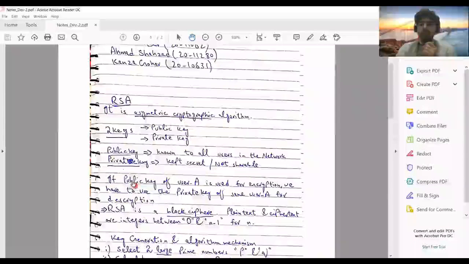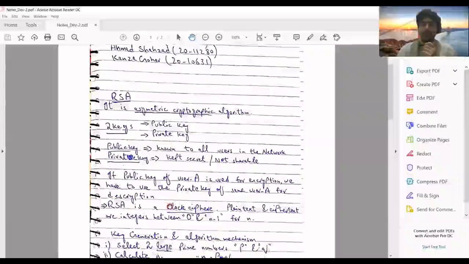If the public key of a user is used for encryption, then we are supposed to use the corresponding private key of the same user for decryption. Let's suppose we have a user A. When we convert the ciphertext back, we use the matching key of that user.